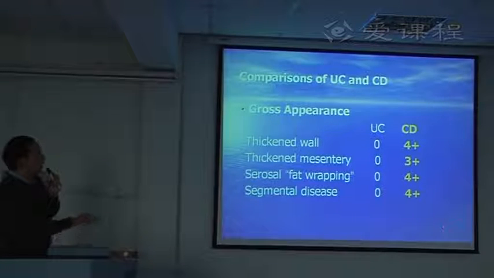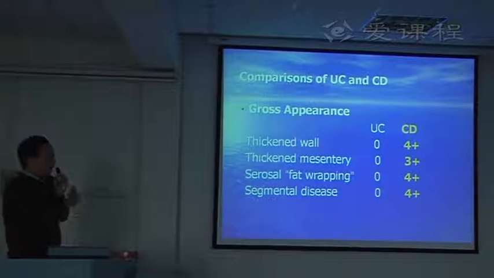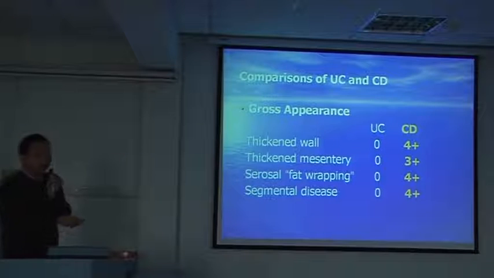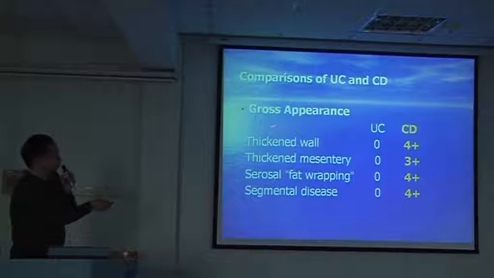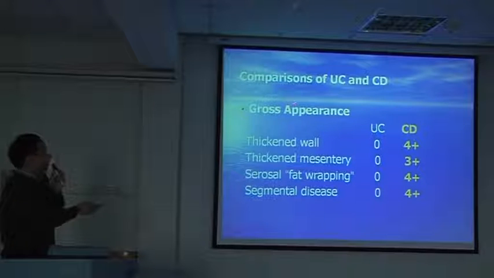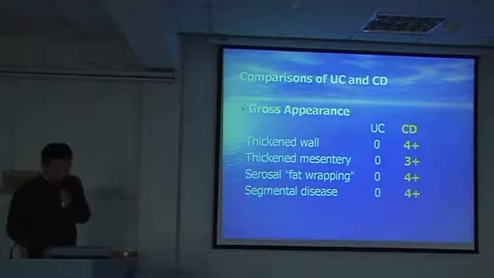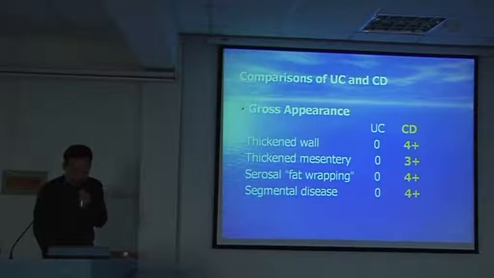So for the gross appearance, it can be used for differential diagnosis. But before your operation, how do you get this gross appearance? Only after the operation can you get this gross appearance. So it's not so useful for diagnosis before operation.